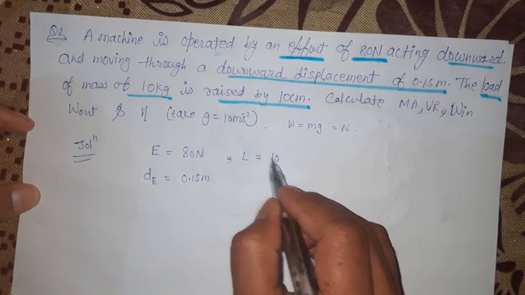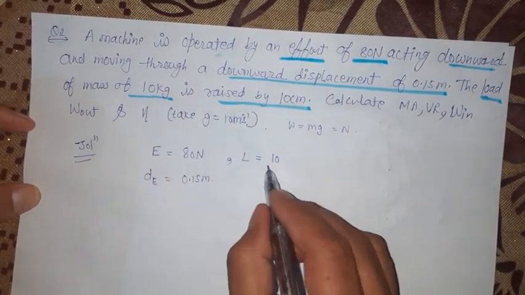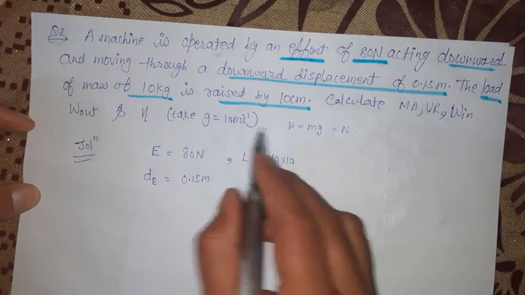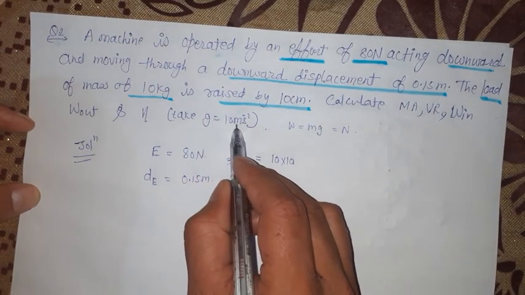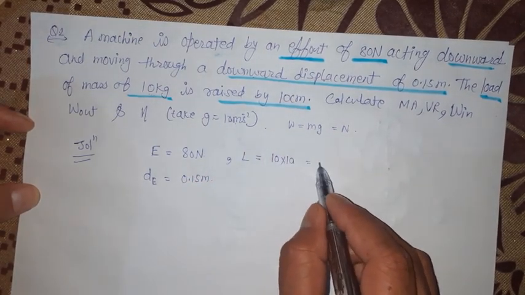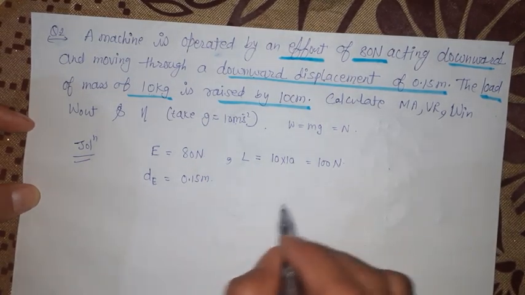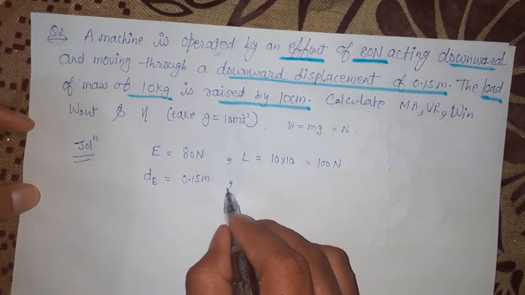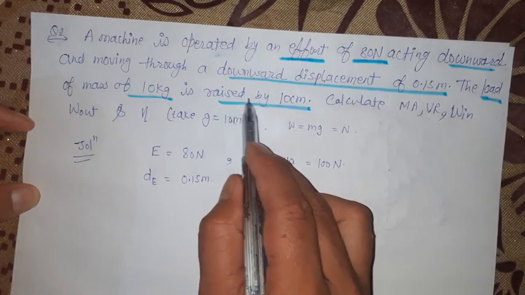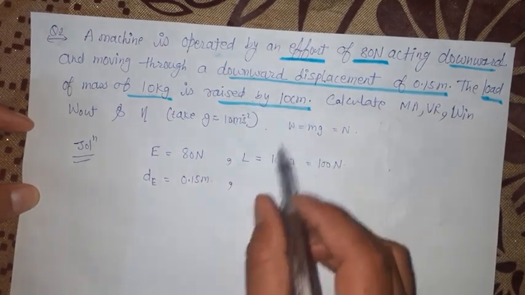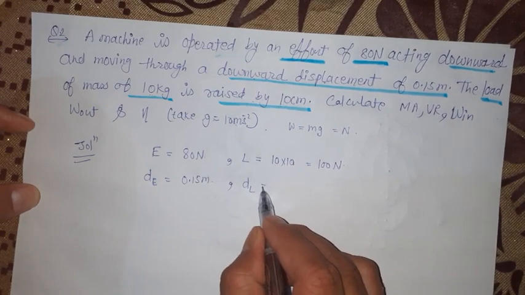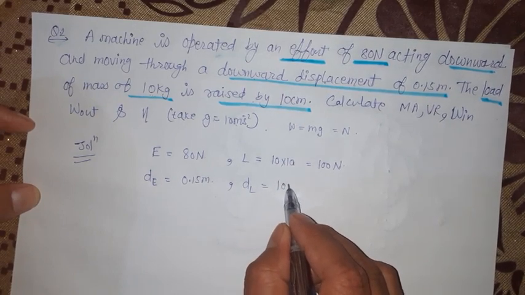So the mass of this load is 10 kilogram, and when I multiply it with 10, because they said the g value is 10, it changes into Newton. So the load is 100 Newton. And one more thing they said, it gets raised up by 10 centimeter, which is the displacement of the load.